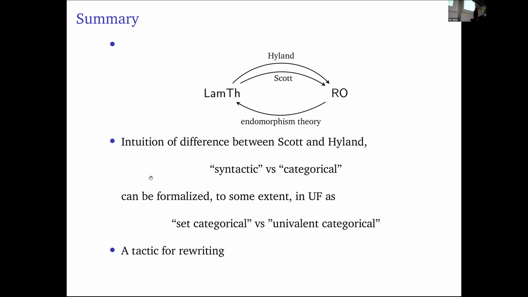And it's a viewpoint that I would like to advertise, that the intuition of the difference between Scott and Hyland, the syntactic versus categorical method, can be formalized somewhat in univalent foundations as the difference between working with set categories versus working with univalent categories. And finally, I've showed a tactic for rewriting that works for us, at least.